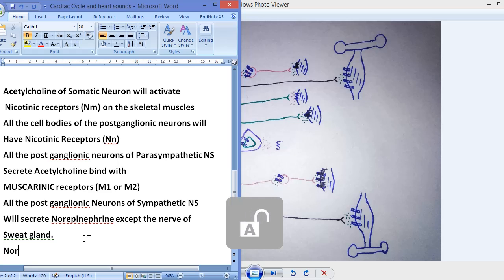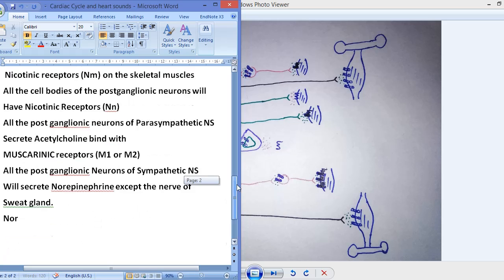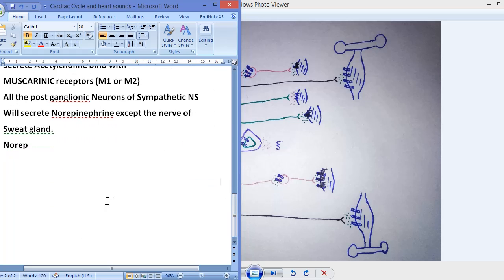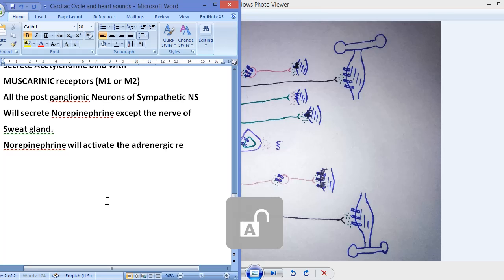The norepinephrine, I'm going to write in detail over here. The norepinephrine will activate what? Activate the adrenergic receptor.